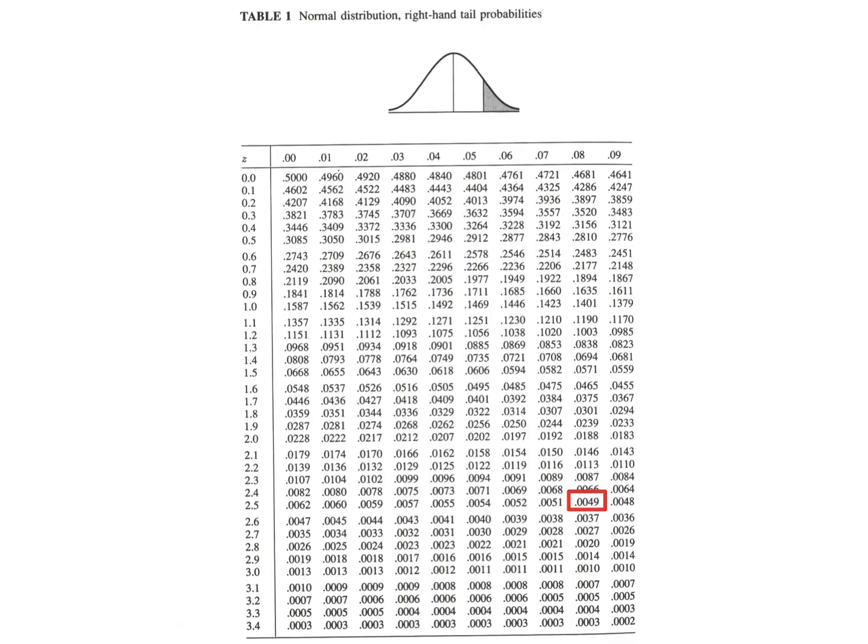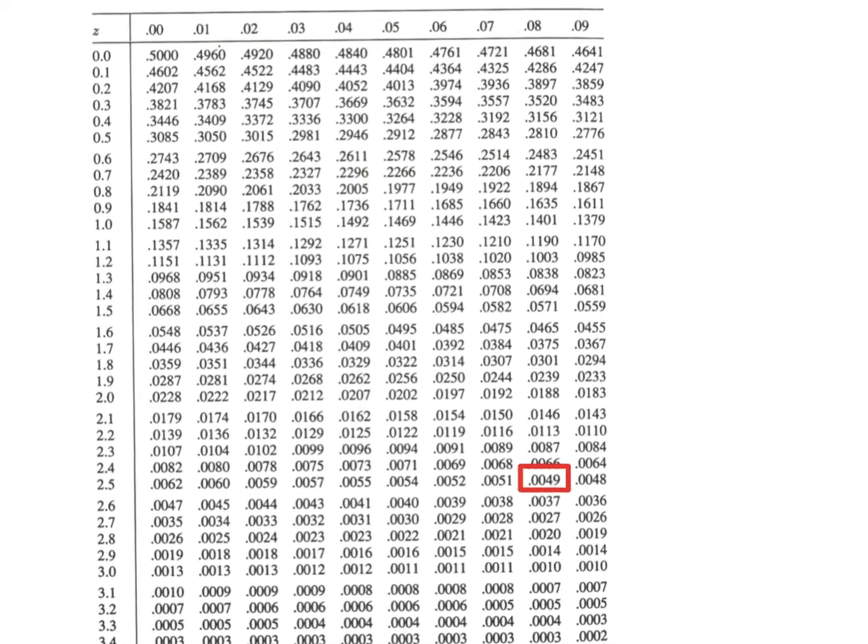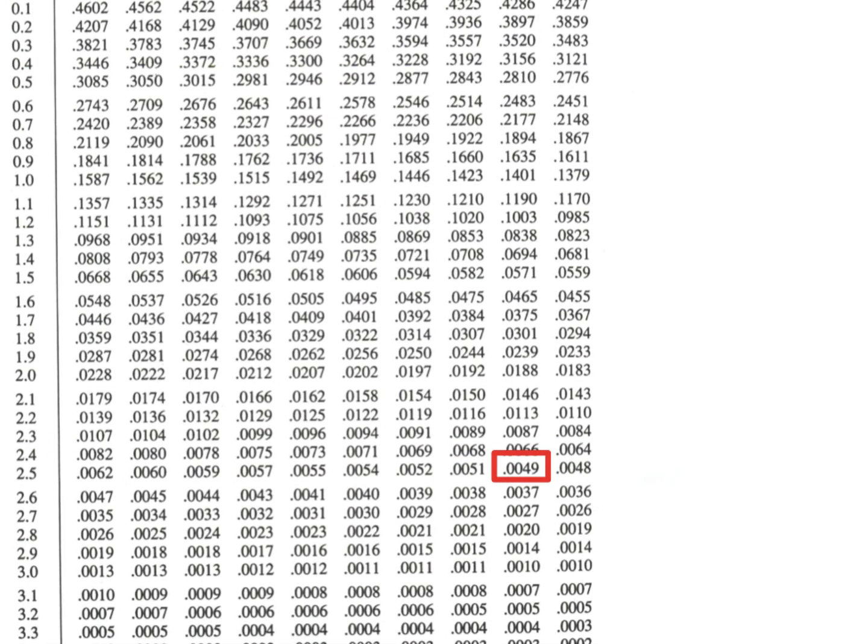Or we can look at this second type of Z-score table that shows the percent above 2.58, or in the tails. You can see this in the illustration shown at the top. And we can see that there are 0.0049, or 0.49% of scores in the tail above our score of 2.58.